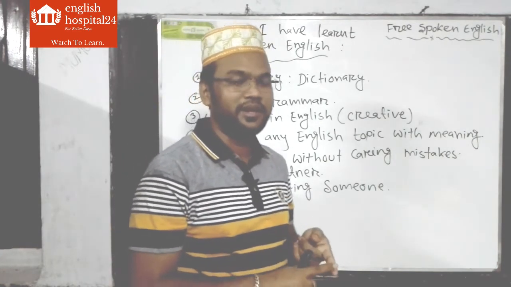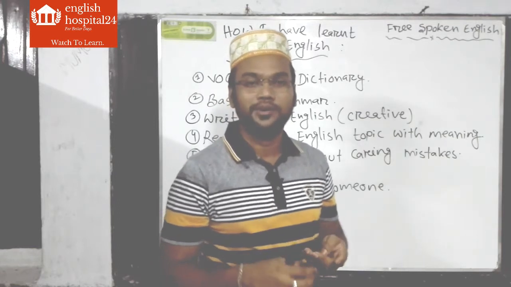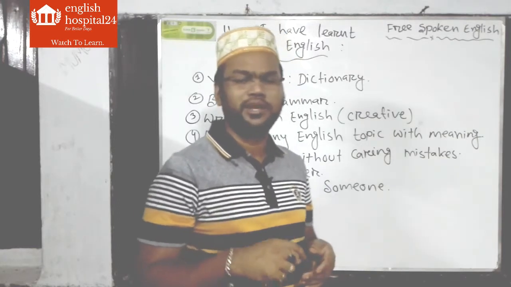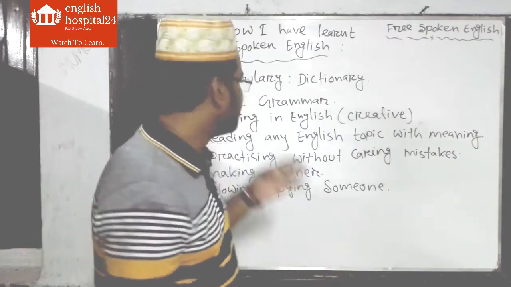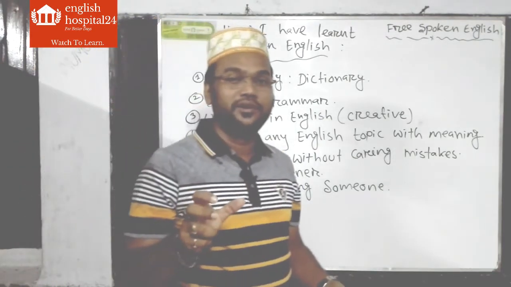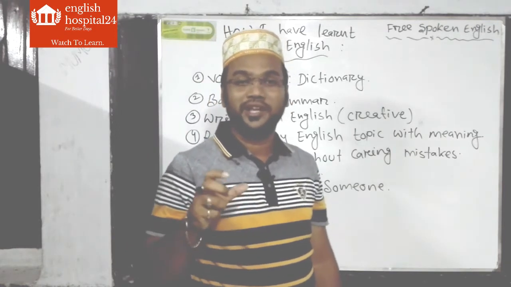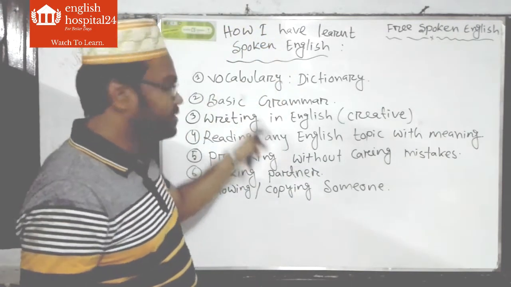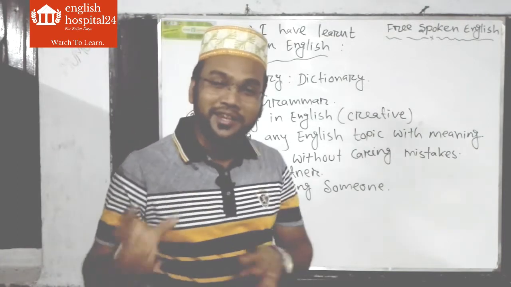If you are somewhat expert in English, you can buy an English to English dictionary, which is the perfect English dictionary. That mother tongue can be Hindi, Urdu, Bengali, Sinhalese, or any other language. But first you will have to enrich your vocabulary to be expert in English. So my first strategy was buying a dictionary.